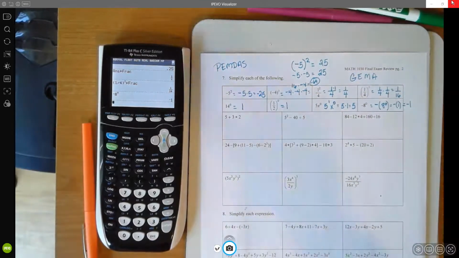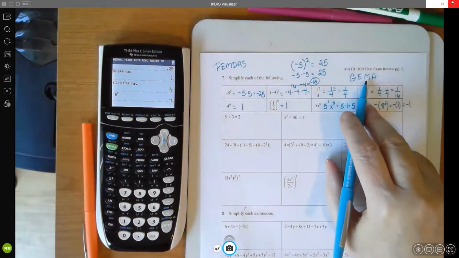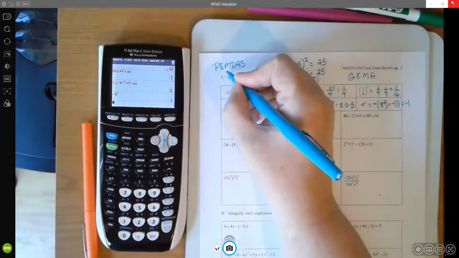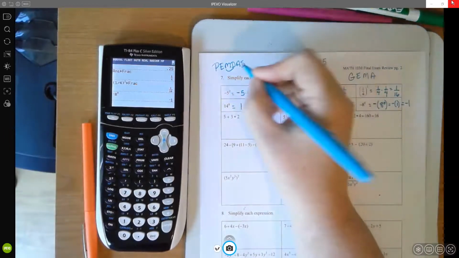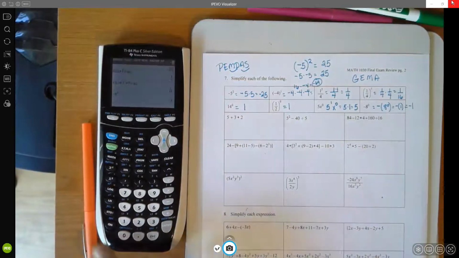They're both really the same. This way it helps you remember that multiplication and division are the same level and addition and subtraction are the same level. This one you have to remember that these two are the same level and these two are the same level, but it's a little easier to remember the saying because it's an old saying that we've used for years.